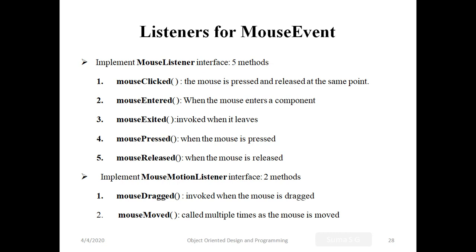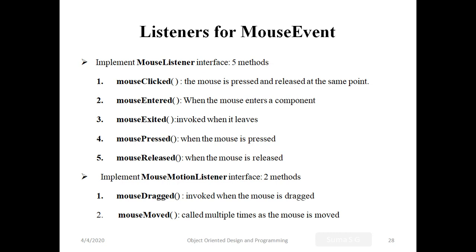When the mouse enters a component, the mouseEntered method is invoked. The mouseExited method is invoked when the mouse leaves the component. When the mouse is pressed, the mousePressed method is invoked. When the mouse is released, the mouseReleased method is invoked. So these are the 5 methods present in this listener. You have to learn the names of these methods.